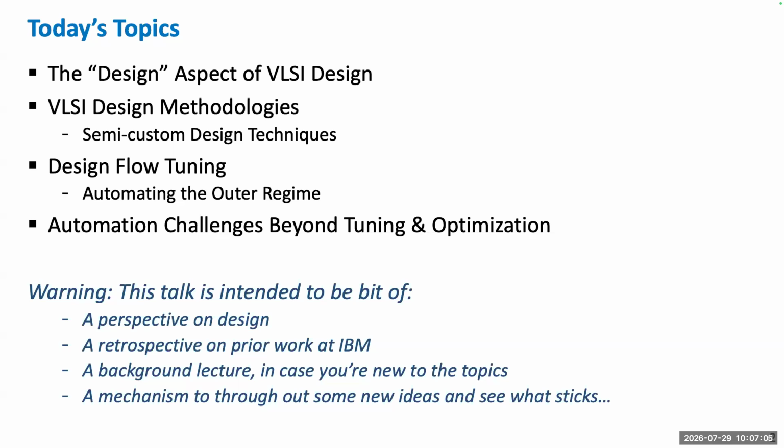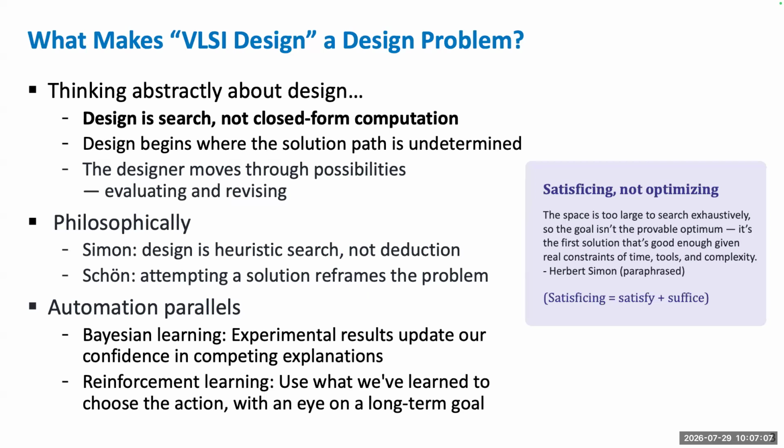So let's get started. Now I mentioned I'll be a little abstract. So what makes VLSI design a design problem? Basic question, and this is really maybe generally about design. I think it comes down to design being really search, not a closed form computation. So that's how I want to start off. This is really to frame it somewhat abstractly to say we're in a not a closed form problem space.